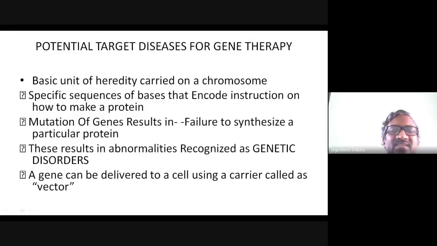Another one is that mutation of the gene results in the failure to synthesize a particular protein because it has already mutated. The mutation may be either a permanent or temporary damage, occurring by external stimuli that cause alteration and changes in the functioning of the particular genome, that is, the chromosome.